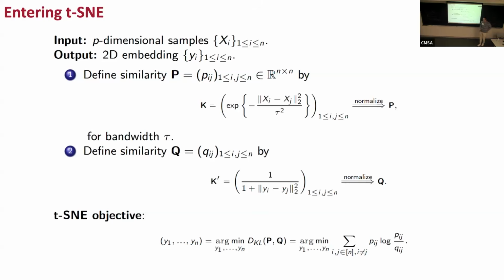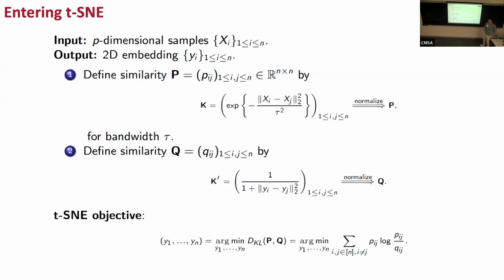It turns out that the choice of a heavy tail distribution here is essential to the success of the algorithm. To highlight that, the authors named their algorithm t-SNE. The T in front highlights that here they use the t kernel.